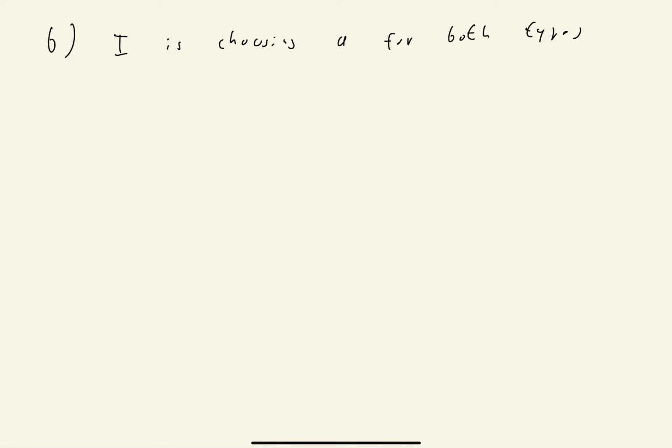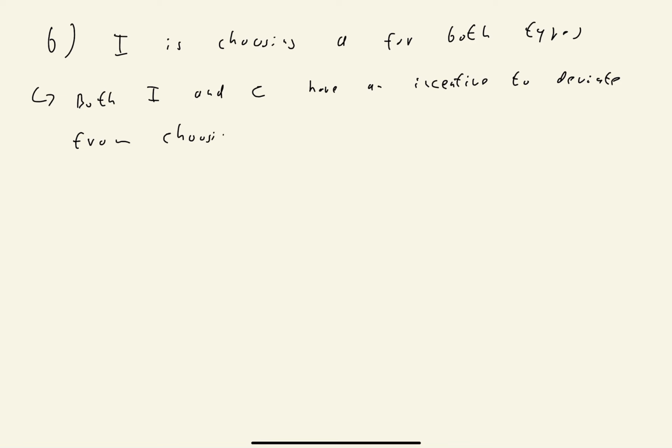Now, a consequence of this is that both I and the challenger C have an incentive to deviate from choosing their preferred policy at the end of period 2. Now, let us consider the beginning of the second period.